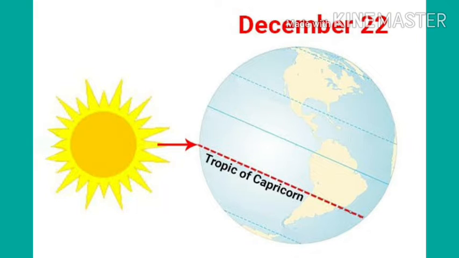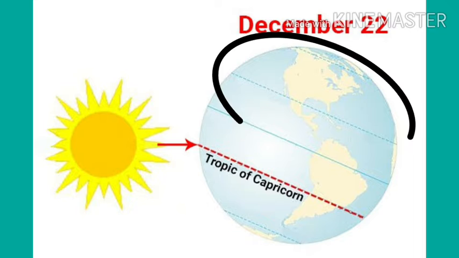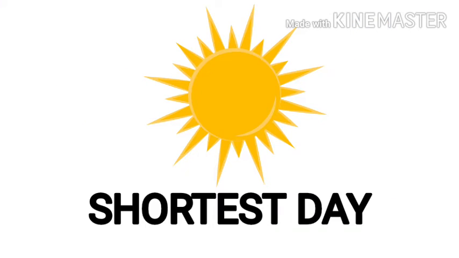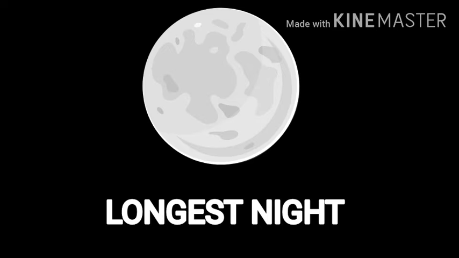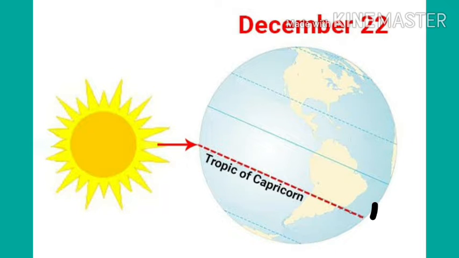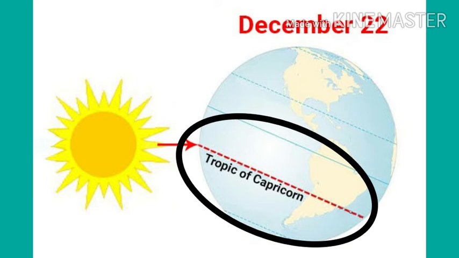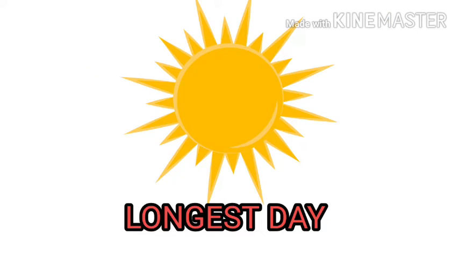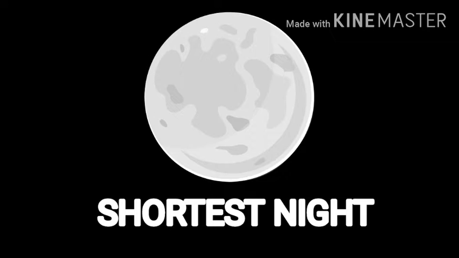On 22nd December, the northern hemisphere experiences the shortest day and longest night, whereas the southern hemisphere experiences the longest day and shortest night.